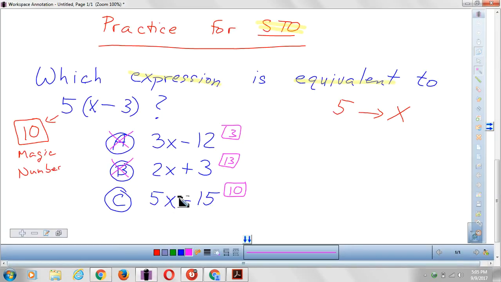And when I look over here, I can see that 10 is a match to the magic number. So choice C. Let me highlight it. Let's choose a different color this time. Highlight it with a little green. Choice C is the correct choice because it matched up. The magic number from my first expression matched up with the magic number from choice C.